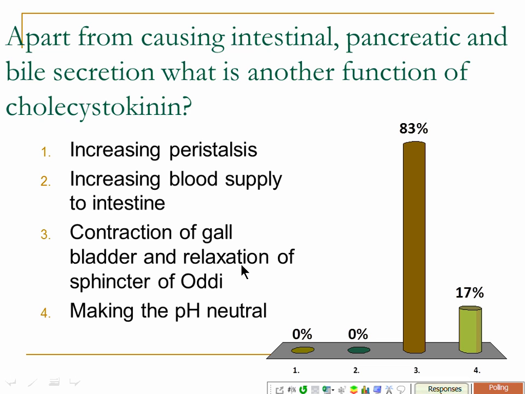Yes, it causes relaxation of the sphincter of Oddi and contraction of the gallbladder. It can't make the pH neutral. Remember, it's a hormone, so it can't make the pH neutral. To make the pH neutral, you need something like bicarbonate or mucus. Okay? So this is the correct answer.